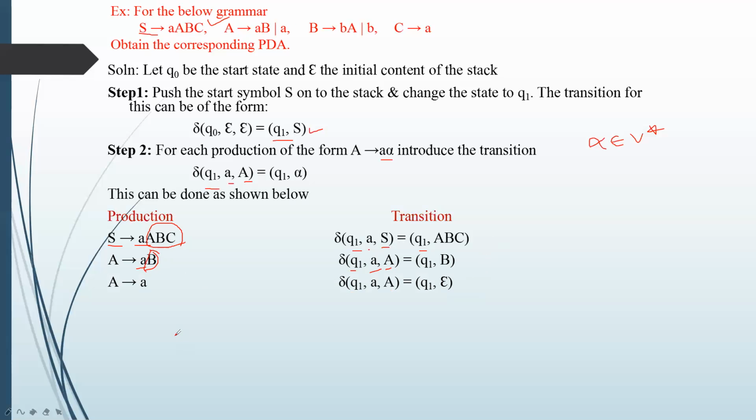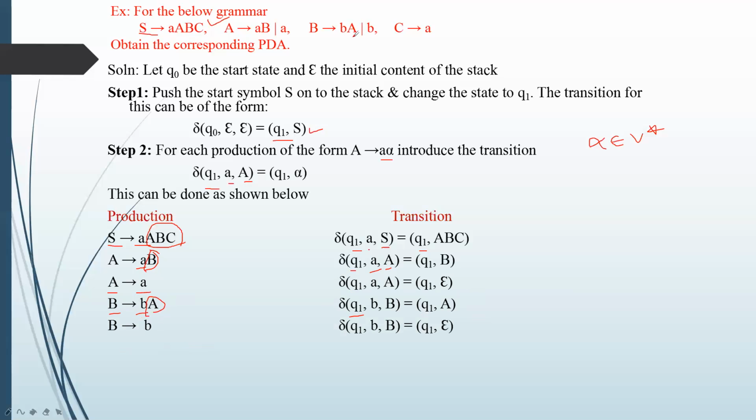Next production, A produces a, only terminal: δ(Q1, a, A) = (Q1, epsilon), because we don't have any variables here. The next, B produces bB, same thing here: δ(Q1, b, B) = (Q1, B).